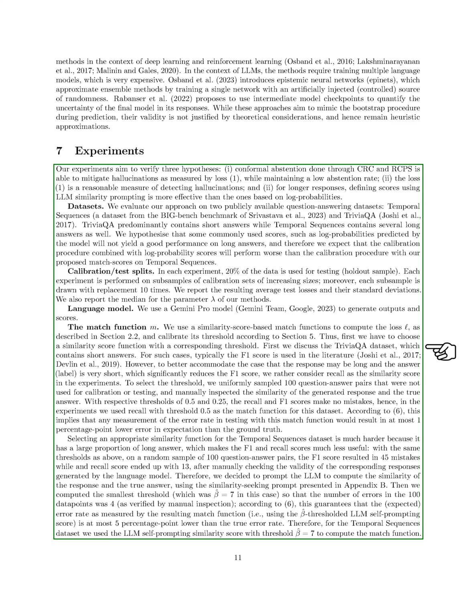We conducted our experiments on two question-answering datasets, temporal sequences and trivia QA, with a focus on evaluating the performance of various calibration methods and score functions. For calibration methods, we considered CRC and three variants of the RCPS procedure, along with a baseline method. We also explored different scoring methods, including match count, expected match count, and log probabilities.